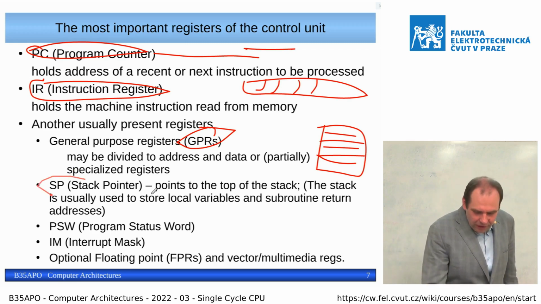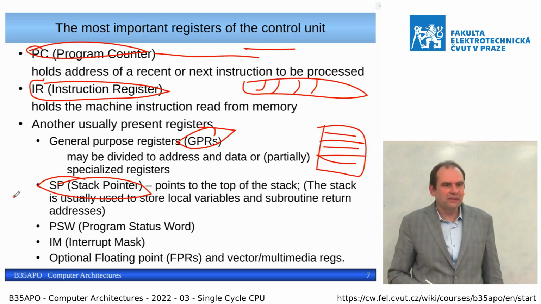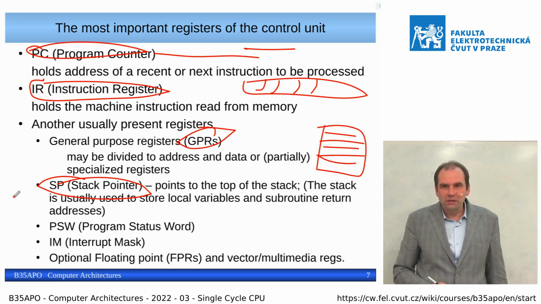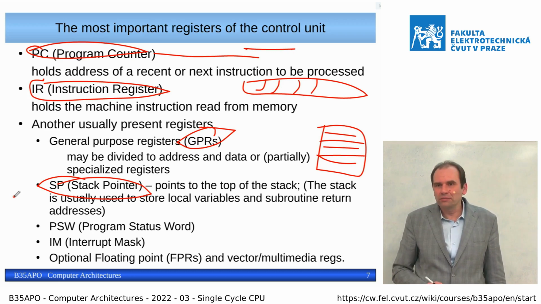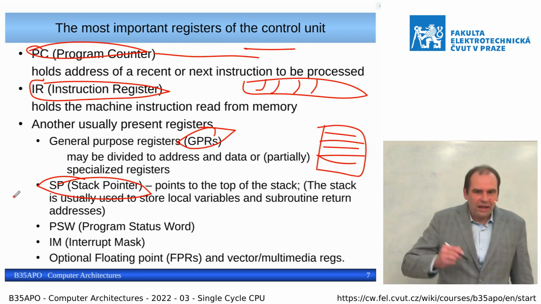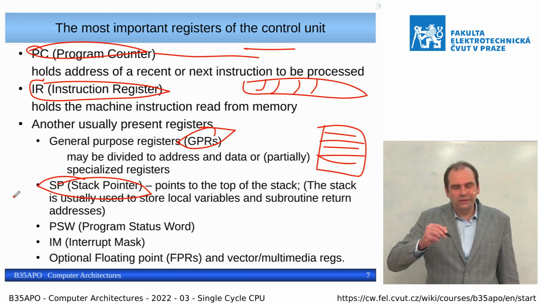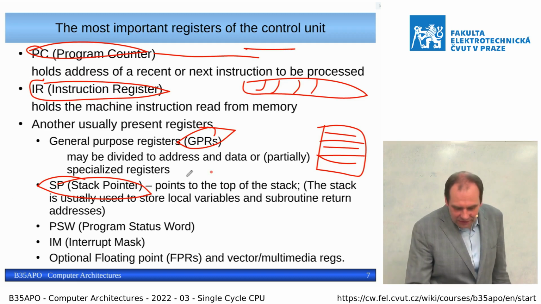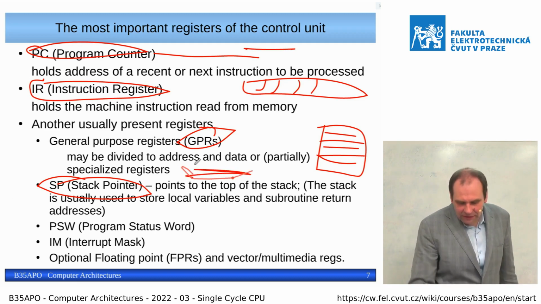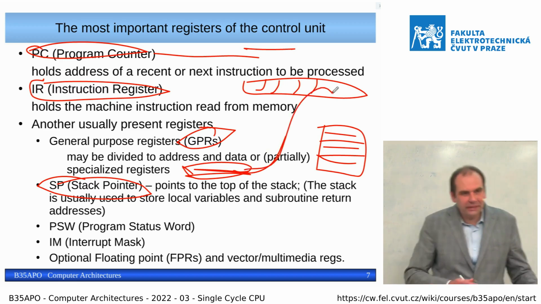We usually want to have a stack pointer. You probably should know what a stack data structure is from algorithms or such studies. Basically, the stack is a last in, first out data structure. It is used to store the actual line in the recipe when that line says, okay, go and prepare some subtask, for example, boil the milk or add something.